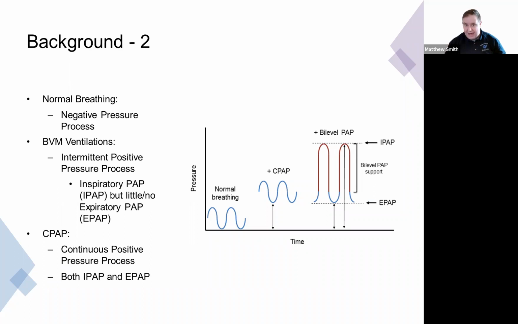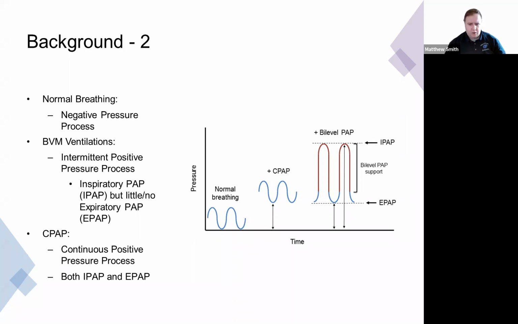With CPAP, the difference here is this is a continuous positive pressure process. So we are not in any way changing the rate, or really too much the depth of the breaths the patient takes. What we're doing is we're changing the pressure at which those breaths are taken.